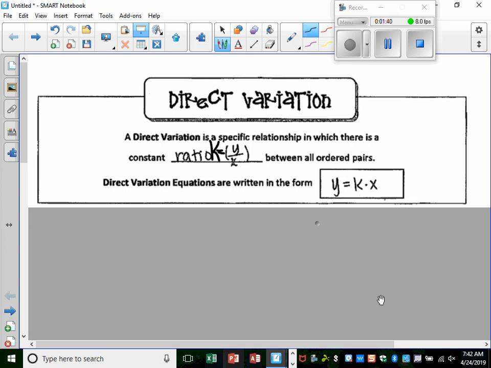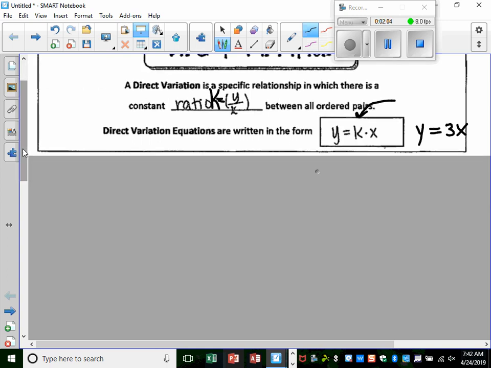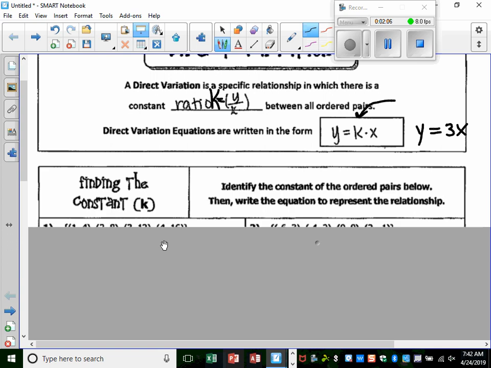The only number that you'll be filling in is this number right here. So it could be something like y equals 3x, or y equals 4x, or y equals 6x, or whatever. So that's the only number you're going to be filling in, is the value of k. Now, direct variation has a very specific graph, and we'll get to that in a second. It's very easy to tell if a graph represents direct variation.